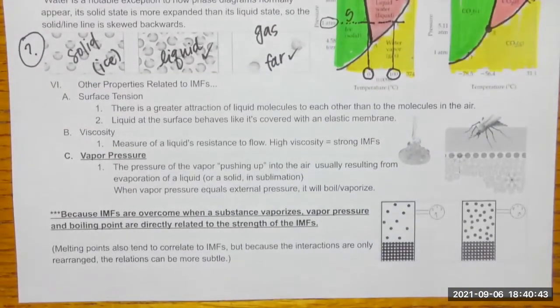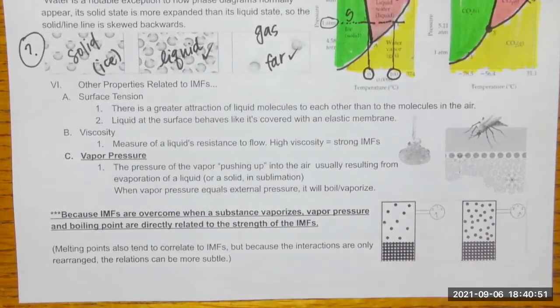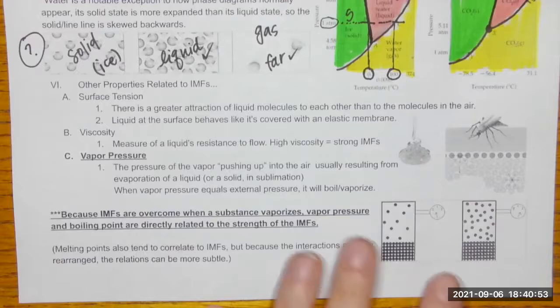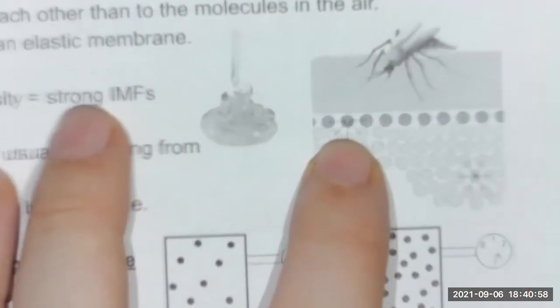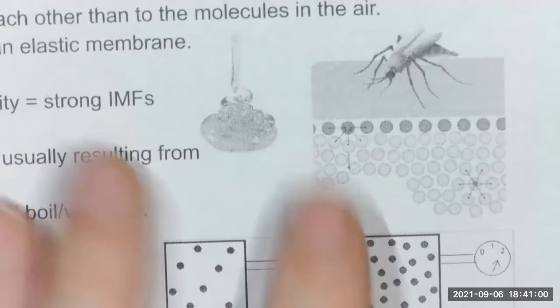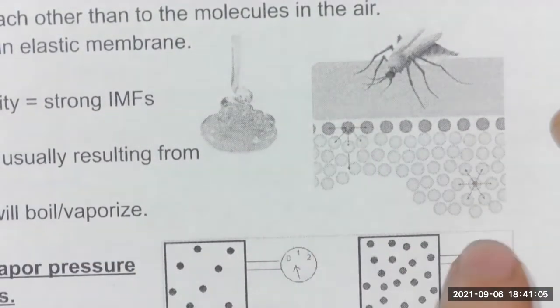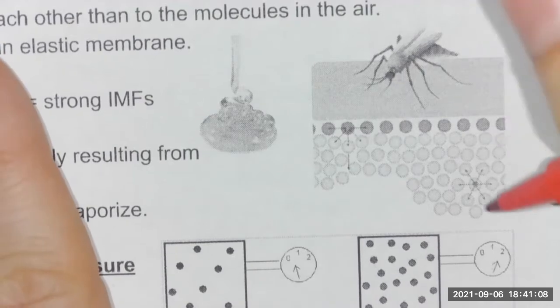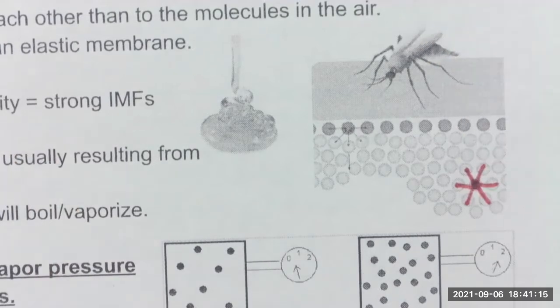Okay, so some properties related to IMFs. The surface tension allows bugs or spiders in my toilet to walk on top of the water. And I'm going to zoom in to this picture of the bug right here. What it's showing is little water dots. And this water dot can have IMFs with all the water dots around it.